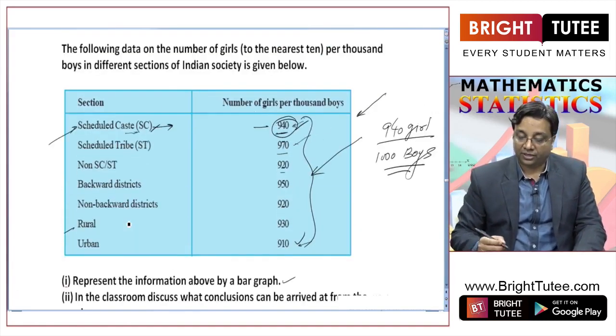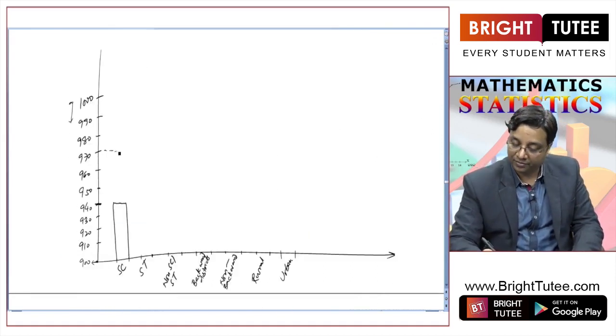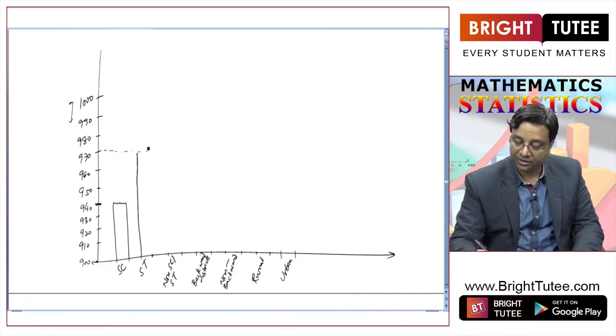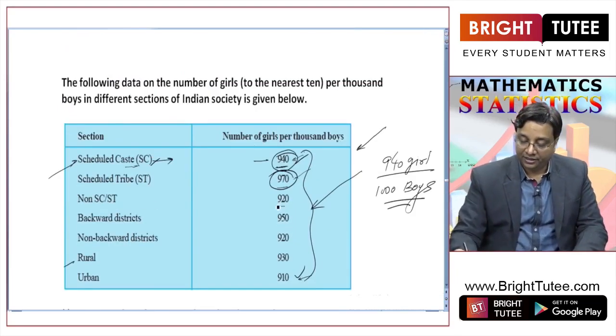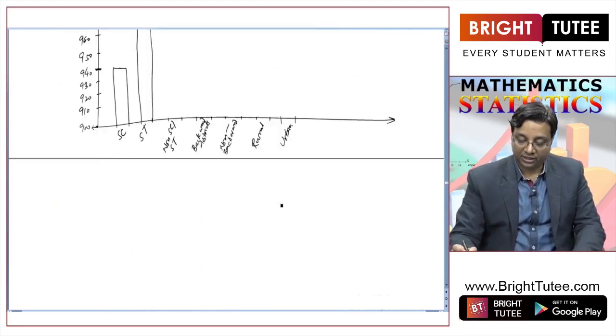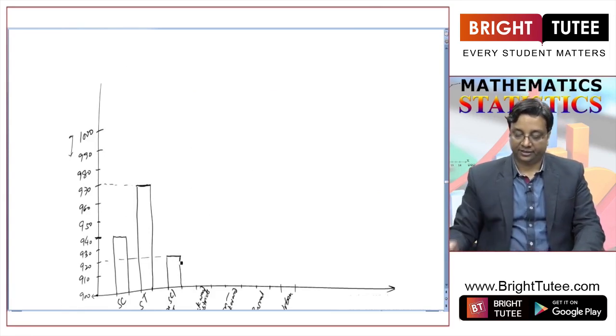Okay, now for ST, I require 970 on the vertical axis. So this will be the height of the bar which represents the ST category. This is 920 for non-SC/ST. So where is 920? We have got this much height for the non-SC/ST category.